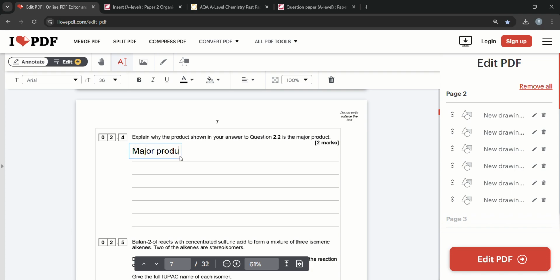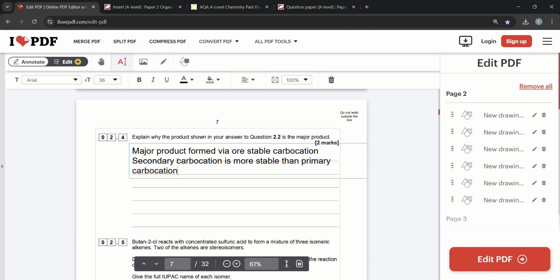Well, major product formed via more stable carbocation, or you could say secondary, I'll say this as well. Secondary carbocation is more stable than primary carbocation. Remember, tertiary is strongest, secondary second strongest, and primary is the weakest carbocation.